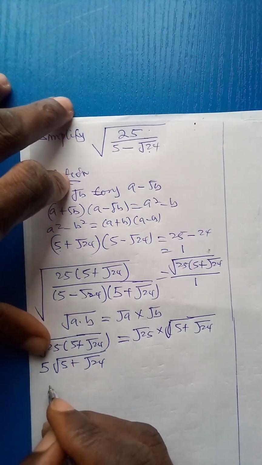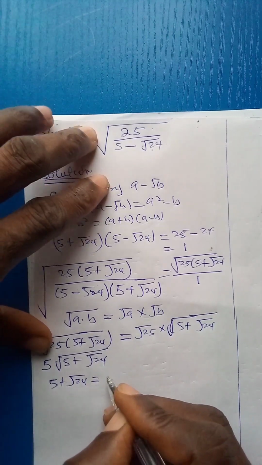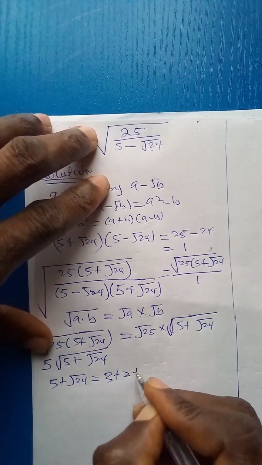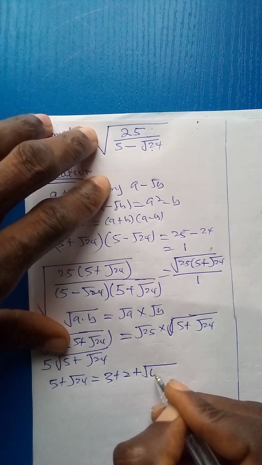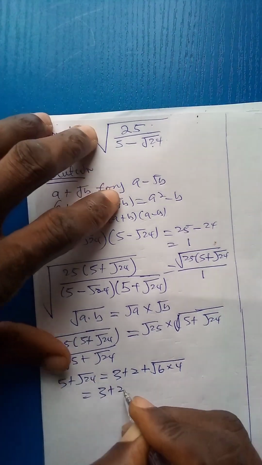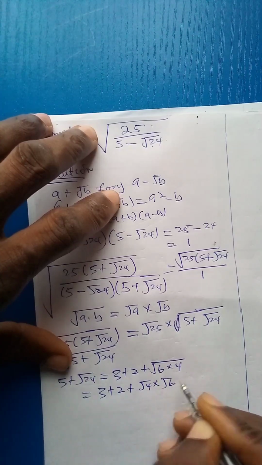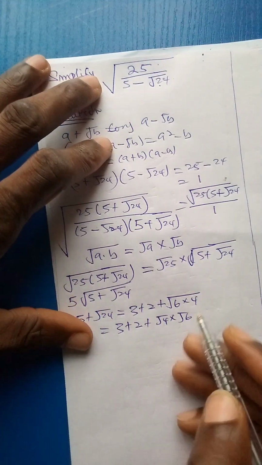Now, if I have 5 plus root 24, I can rewrite it as 3 plus 2 plus root 24, which is root of 6 times 4, or 3 plus 2 plus root 4 times root 6. Let's remember this property here.